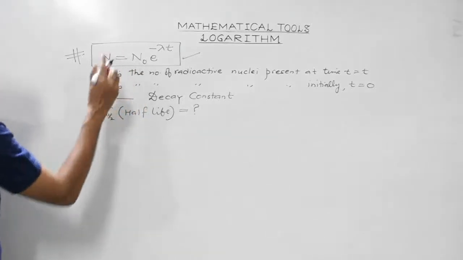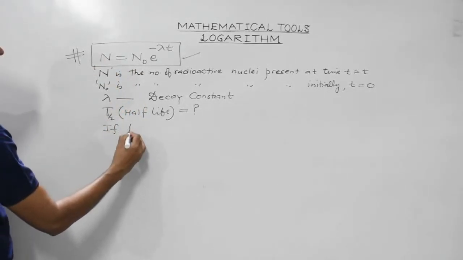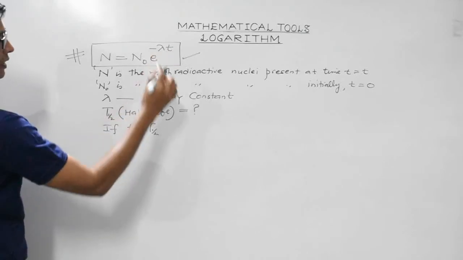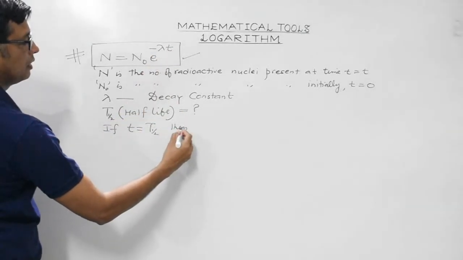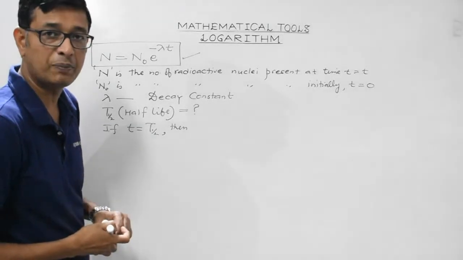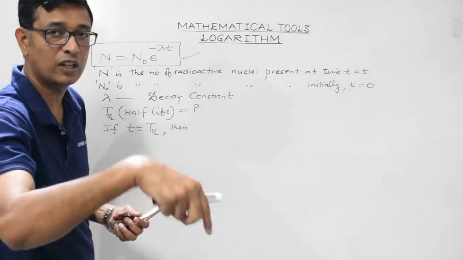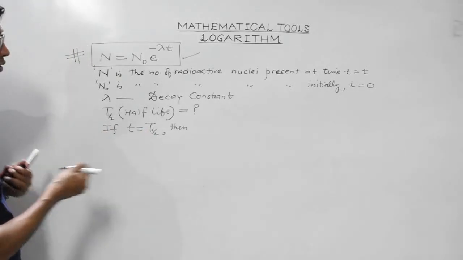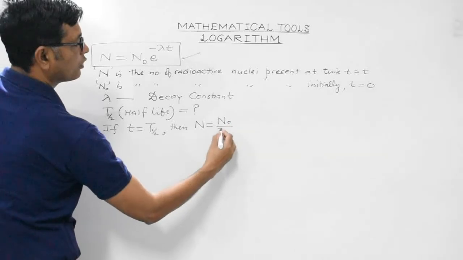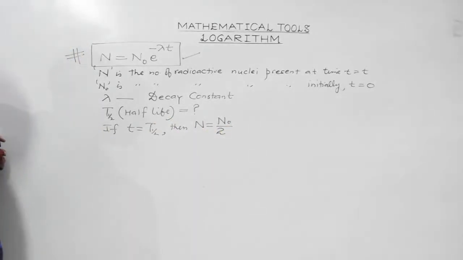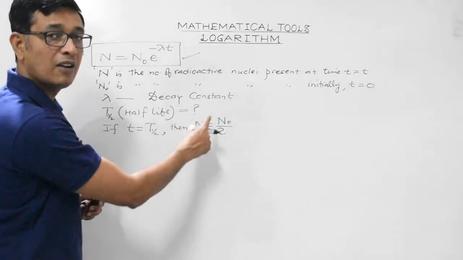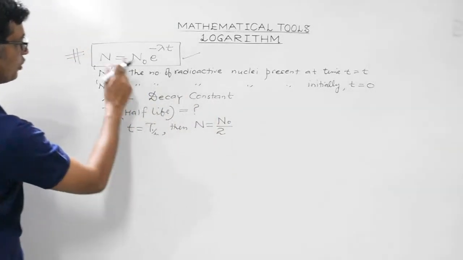That is, in this equation, if t equals T half, the number of radioactive nuclei left in the sample would reduce to 50%, because half of them will disintegrate during this time. So N would be equal to N0 by 2. Clear, students? So during half-life, the number of radioactive atoms left in the sample would be half of its initial value. Let's make use of this fact.